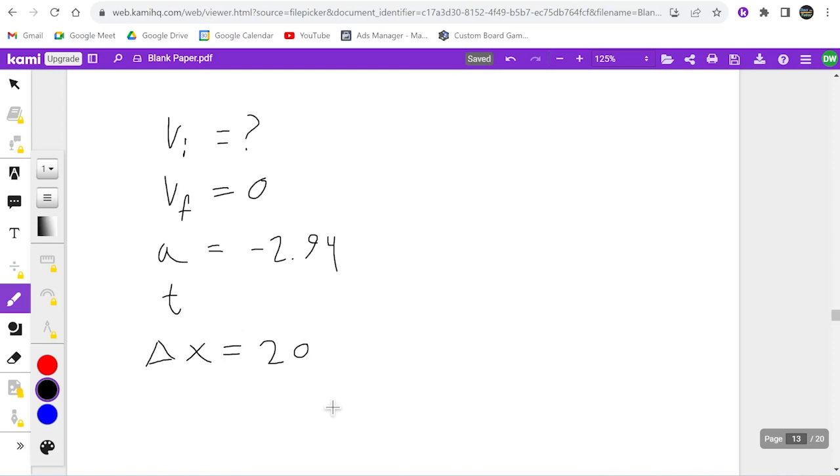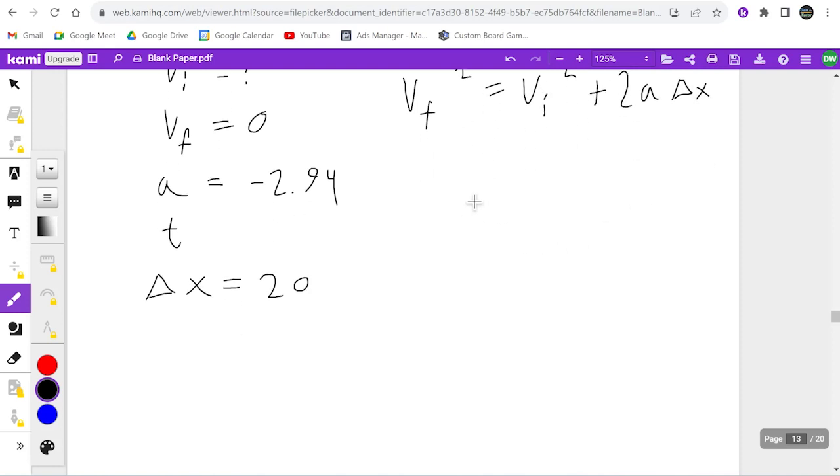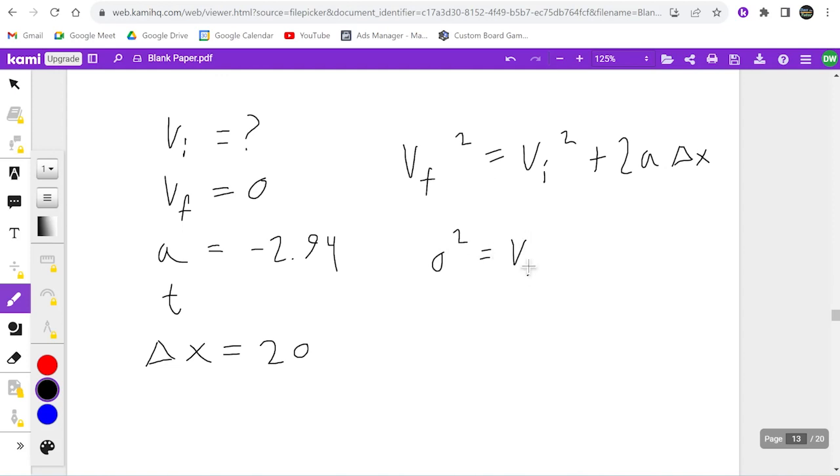So then that means we can calculate for VI using the equation that does not have time in it, which is the squared one. V final squared equals V initial squared plus 2a delta x. That means 0 squared equals V initial squared plus 2 times negative 2.94 times 20.